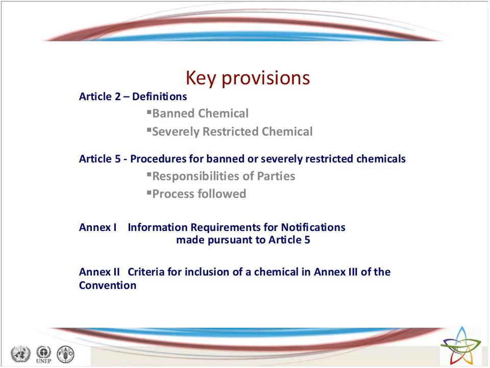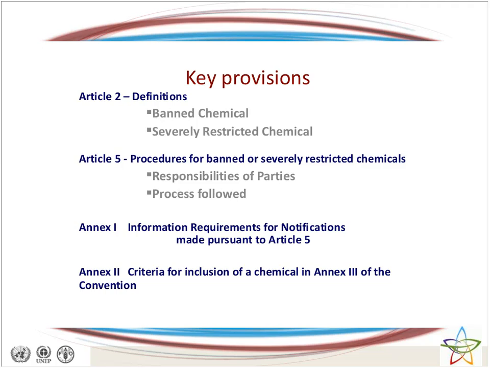And then in Article 5, the procedures for banned or severely restricted chemicals, and in particular the responsibilities of the parties and the process to be followed. In Annex 1, we have the information requirements for notifications made pursuant to Article 5.